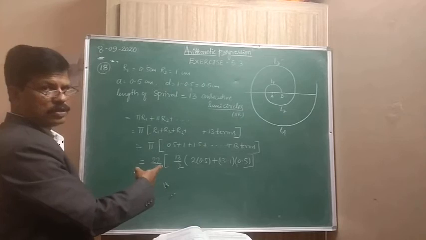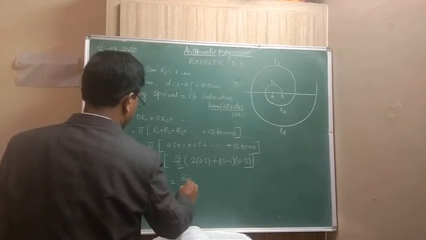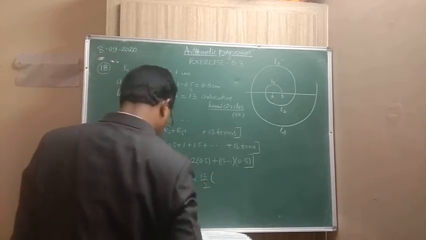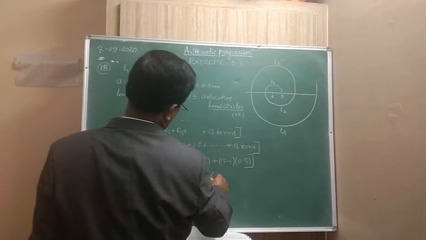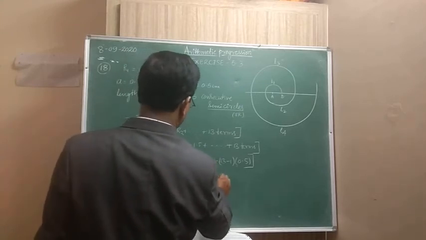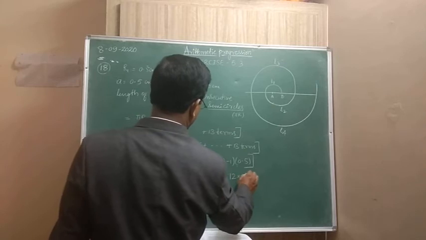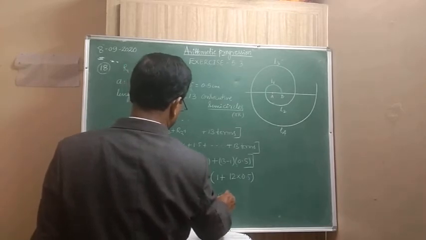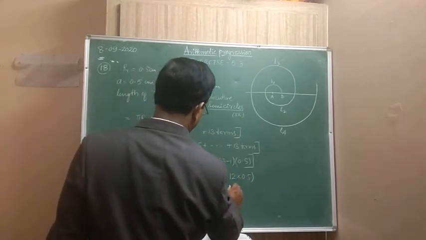According to the formula, here it is not possible to cancel, so you write it down as it is: 22/7 into 13/2 into bracket 2 into 0.5, which is 1, plus 12 into 0.5, which is 6. 1 plus 6 is 7.